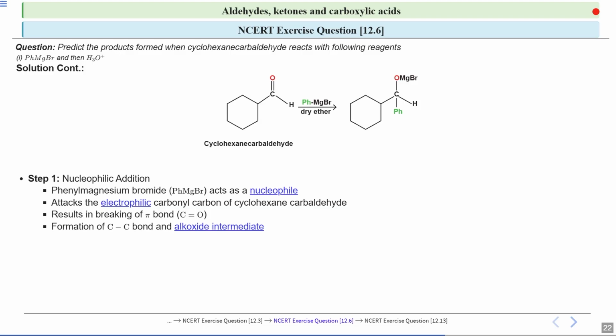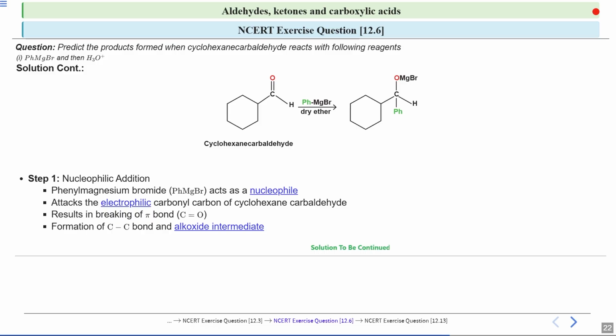As a result, a new carbon-carbon bond forms between the phenyl group and the original carbonyl carbon. And now this oxygen has a negative charge, which makes it an alkoxide intermediate.